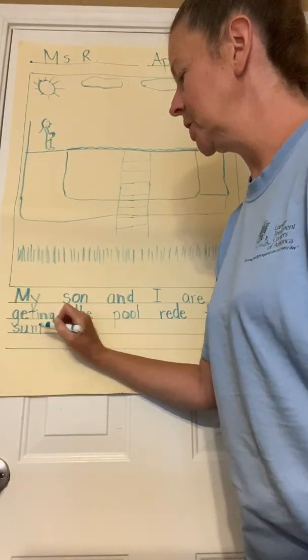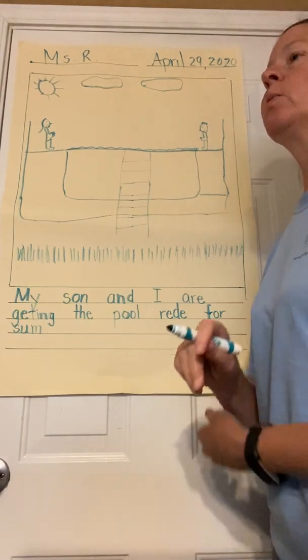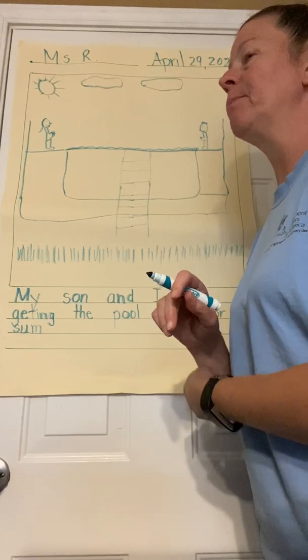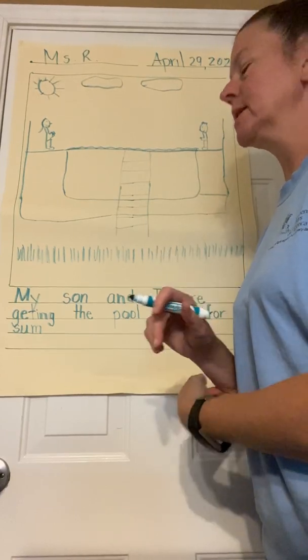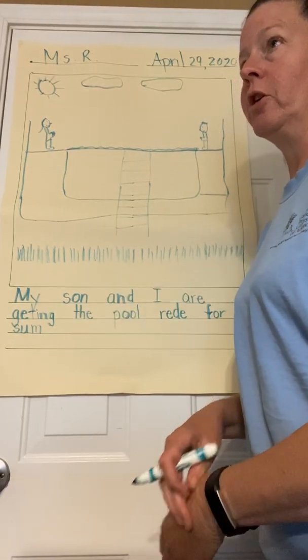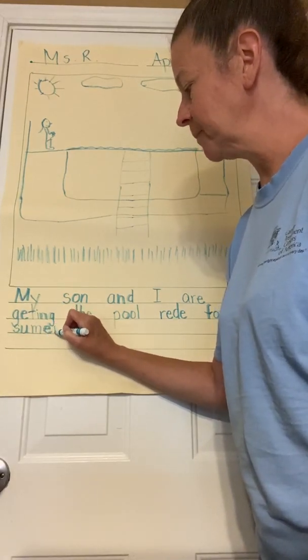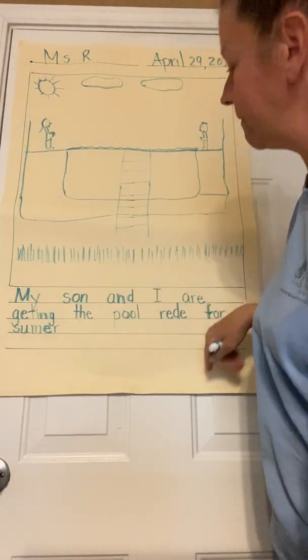Some, munching Mike, letter M, and is one of those sounds that we didn't get to in my class, but it's a common sound. There are 3 robots that are Irving, Ernest, and Urgent, and they say er. E-R. My son and I are getting the pool ready for summer.